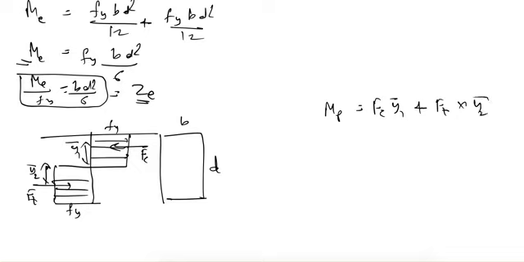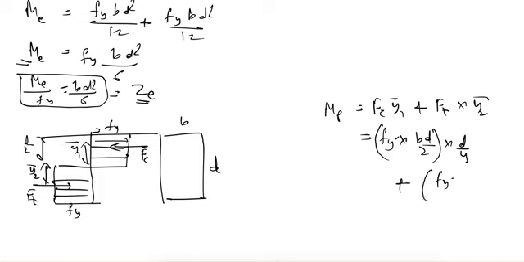Now we know that stress is the same in this area, so Fc would be Fy into Bd by 2, that is the stress into area, into y1, and if this depth is d by 2, this y1 would be half of that, that is d by 4. Similarly on the tension side also it is the same, Fy into Bd by 2 into d by 4.